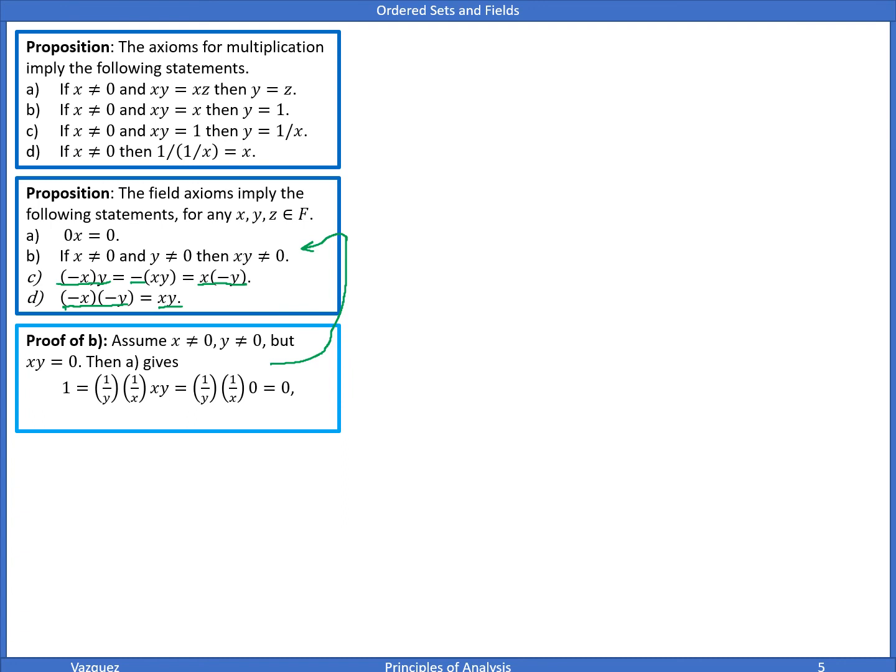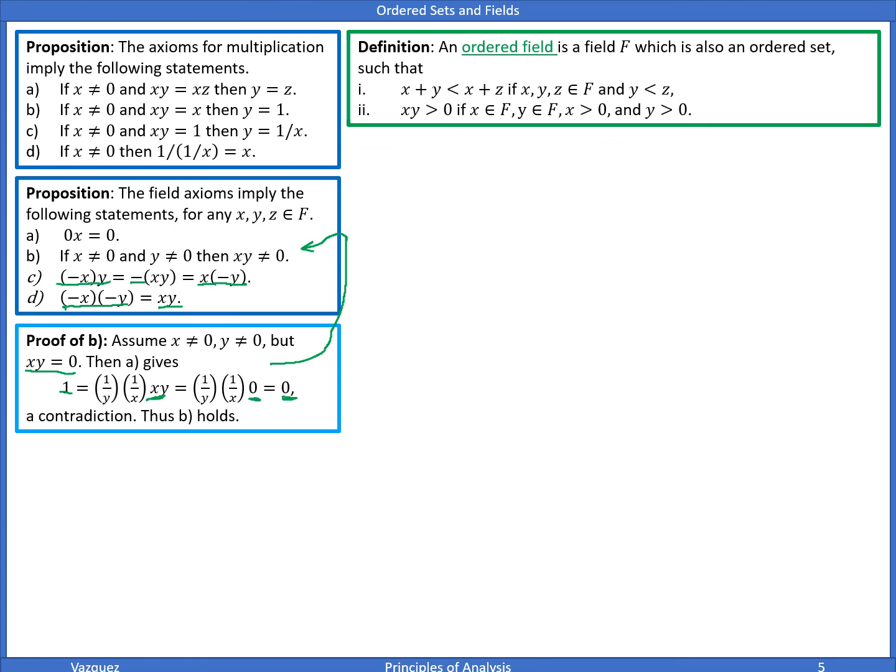Well, then we get that 1 is equal to 1 over y times 1 over x times y. Right, and because x times y is equal to 0, this here is equal to 0. And anything times 0 is 0. Well, wait a minute, 1 can't be equal to 0, which is our contradiction. Therefore, b holds.